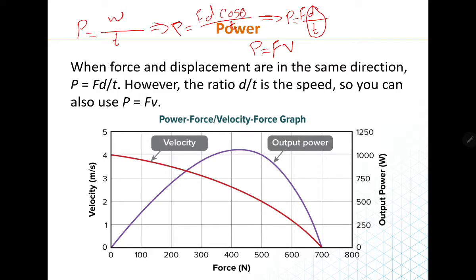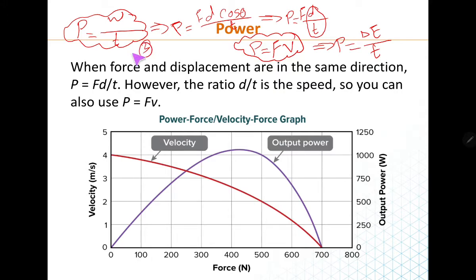We can calculate the power from this law, which is P equal to the work divided by T, which is the time, or we can find the power in this law, which is P equal to F v, or also we can find the power in this law, P equal to delta E over T. These are 3 laws for the power.